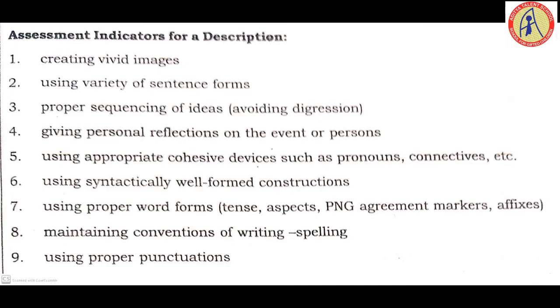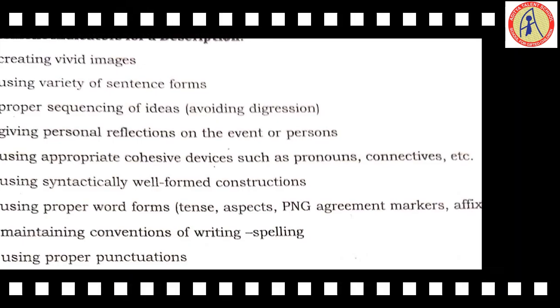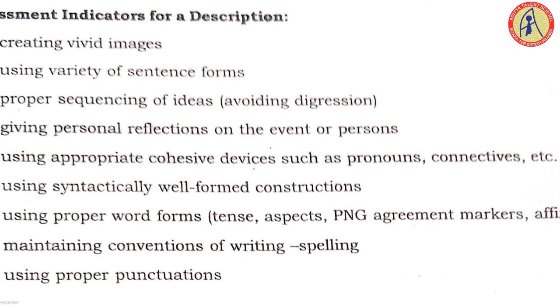And the first point, creating vivid ideas using a variety of sentence forms and a proper sequence of ideas are important. Giving your personal reflections on the event or person or according to the given task.